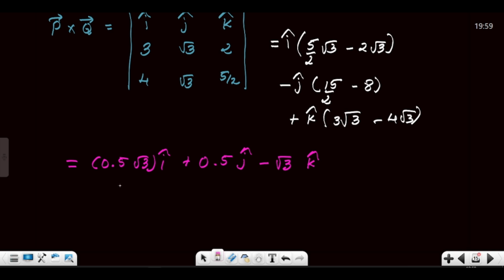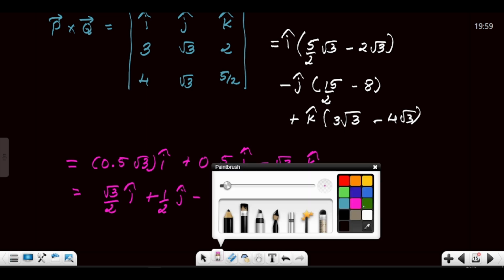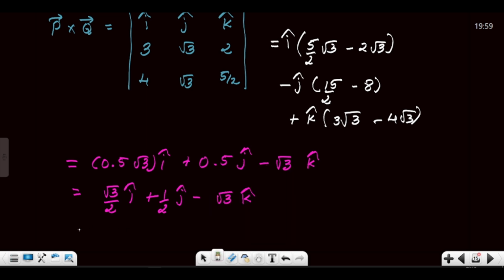Writing it out, this is root 3 by 2 i cap plus 1 by 2 j cap minus root 3 k cap. Writing it more clearly, we have 1 by 2 root 3 i cap plus j cap, with 2 taken out, minus 2 root 3 k cap.